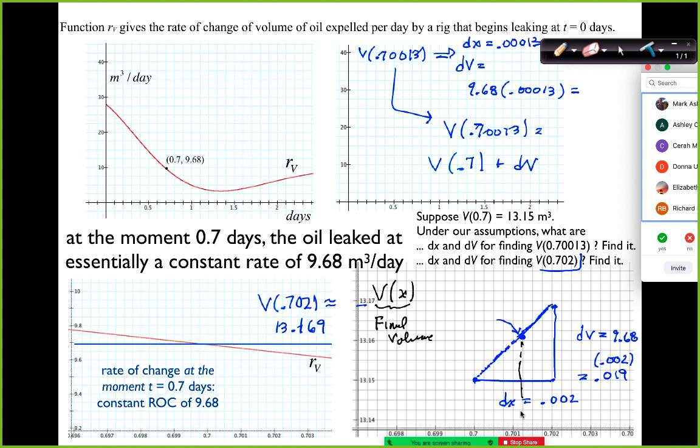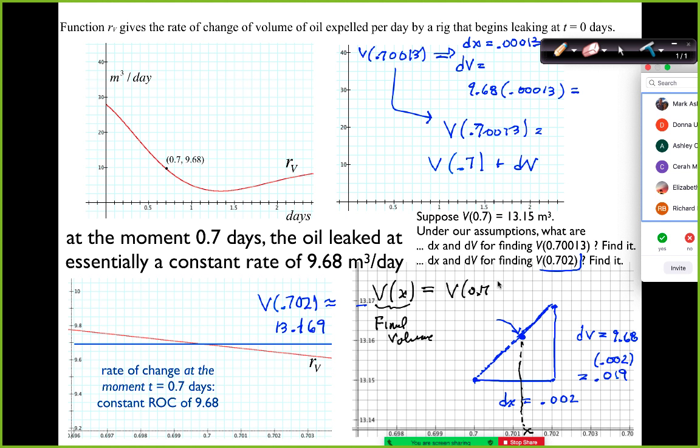At x. Mm-hmm. What were you going to say? You were about to say something. I would say that equals the initial volume. And how do I represent that symbolically? V of 0.7.